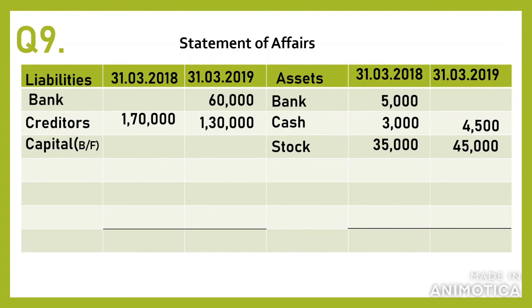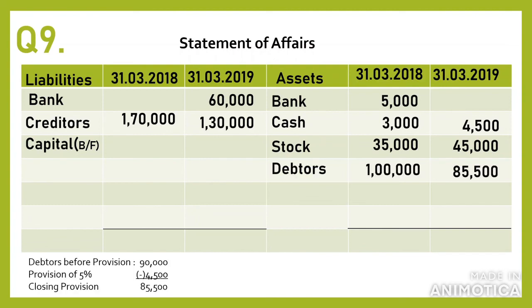So you just need to watch out here what is going to happen, because there is not going to be any change in the opening debtors, but there will be a change on the closing debtors. Let's see how it works out. So the opening debtors was 1 lakh. And if you look at the problem, it says the closing sundry debtors was 90,000, on which you have been asked to create a provision of 5%.